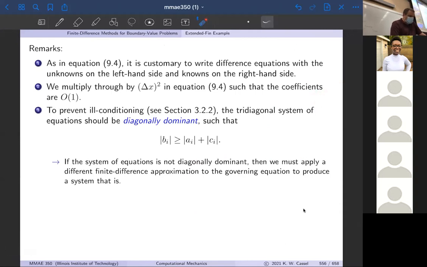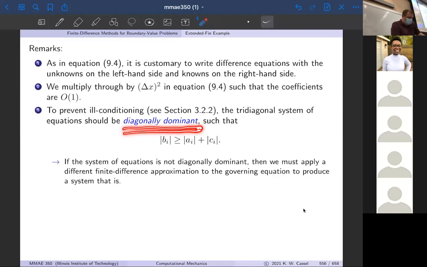Now, the other thing that we talked about way back in chapter 2 is how do we know that we're going to get a solution to our system of equations. So we talked about conditioning of matrices. We talked about condition numbers. We did, remember, the Hilbert matrix, which is horribly ill-conditioned, lots of round-off errors. But the easy check that we gave you at the time was the easiest thing to look at, because I can tell by inspection, I don't have to calculate any eigenvalues and so forth, is just to check to be sure it's diagonally dominant.